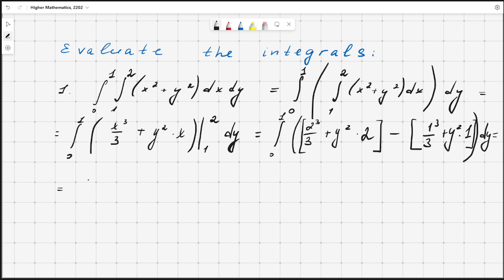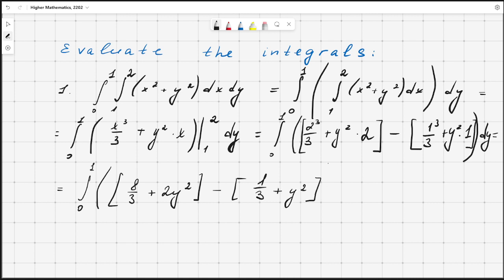Calculate integral from 0 to 1. 2 cubed is 8 over 3 plus 2y squared minus 1 cubed is 1 over 3 plus y squared dy. Open these two brackets.